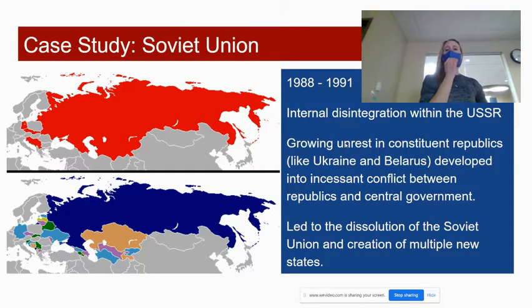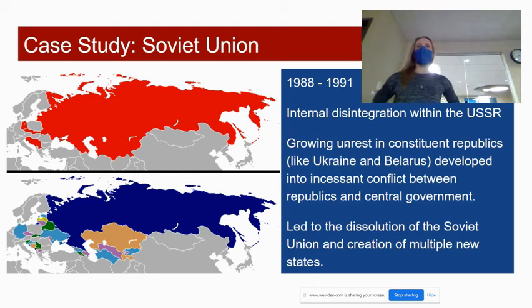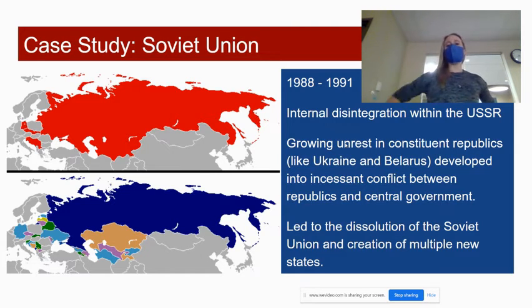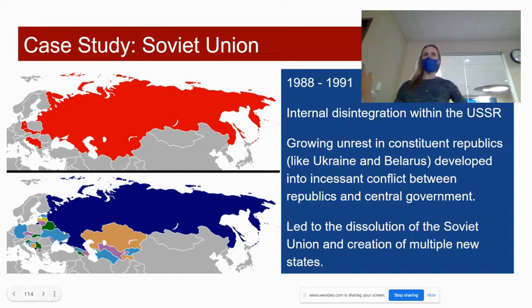In the late 1980s, so 1988, there starts to be some internal disintegration within the USSR. Although these countries that were once part of the Soviet Union exist as countries today, the Soviet Union was an incredibly multinational country, right?